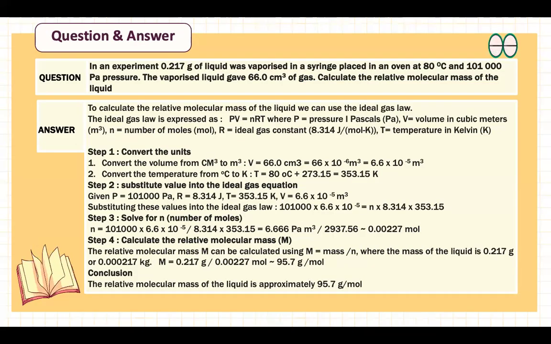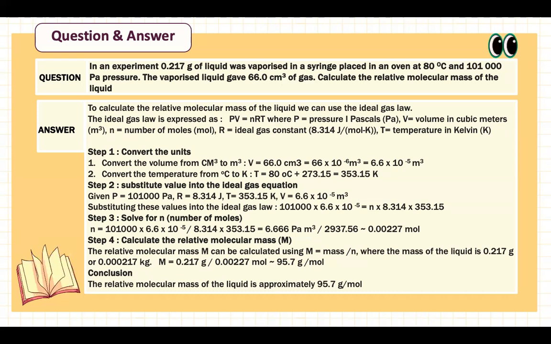Question. In an experiment, 0.217 g of liquid was vaporized in a syringe placed in an oven at 80 Celsius and 101,000 Pascal pressure. The vaporized liquid gave 66 centimeter cubed of gas. Calculate the relative molecular mass of the liquid.